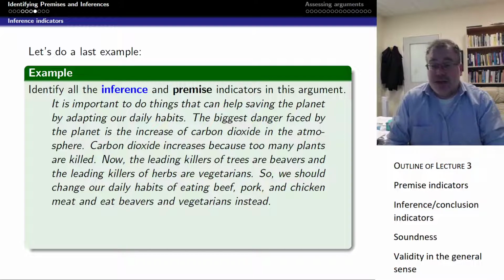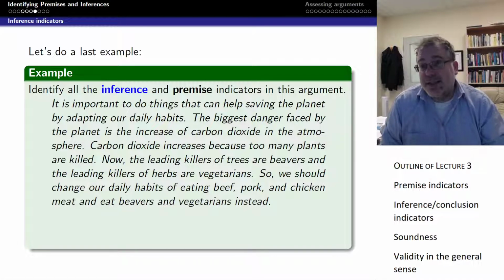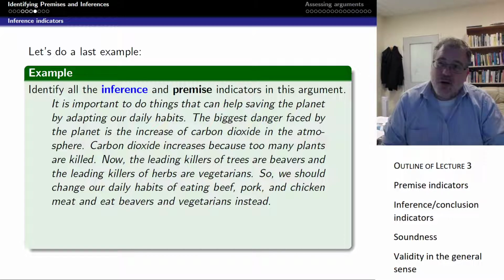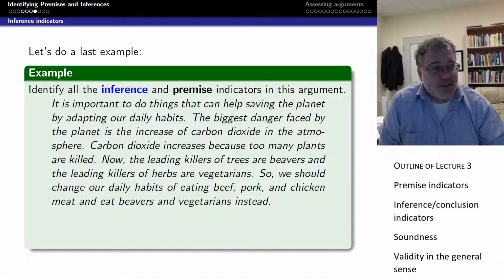Here's a third example. We have, it's important to do things that can help saving the planet by adapting our daily habits. We're all aware of that these days. Saving the planet is important. Then it continues. The biggest danger faced by the planet is the increase of carbon dioxide in the atmosphere.